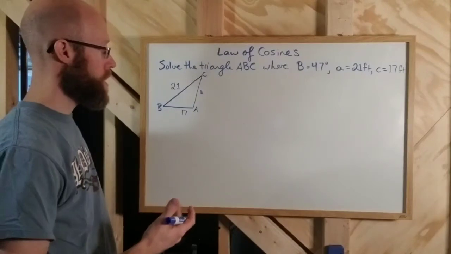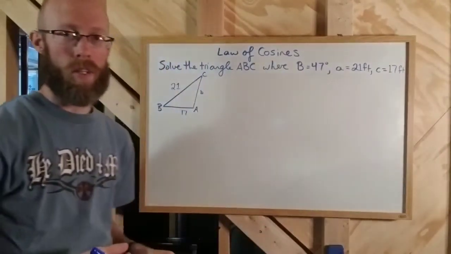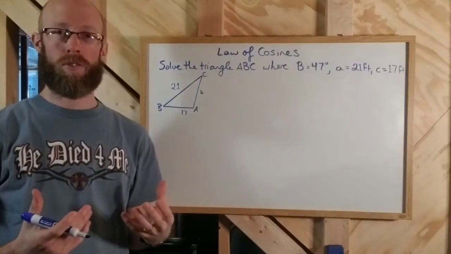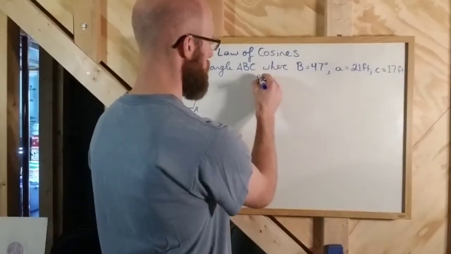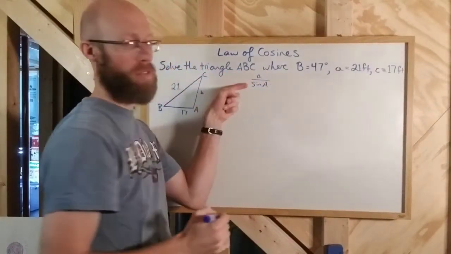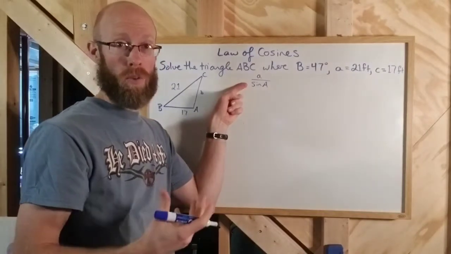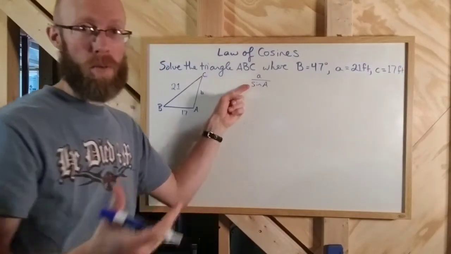Starting with these three pieces of information, I don't have enough to use the law of sines. The law of sines requires that you have one full ratio known. So you have to know a side and its opposite angle. It could be A, B, or C. It doesn't matter.